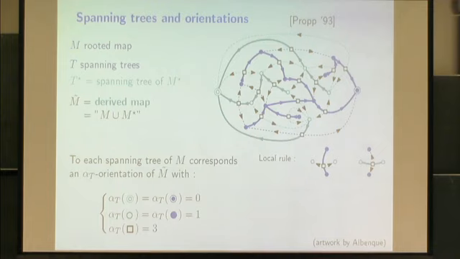So in fact this correspondence was used a lot also to show the correspondence on the regular grid. You can restate this in terms of dimers, because on the regular grid the round vertices have degree 4 as well.